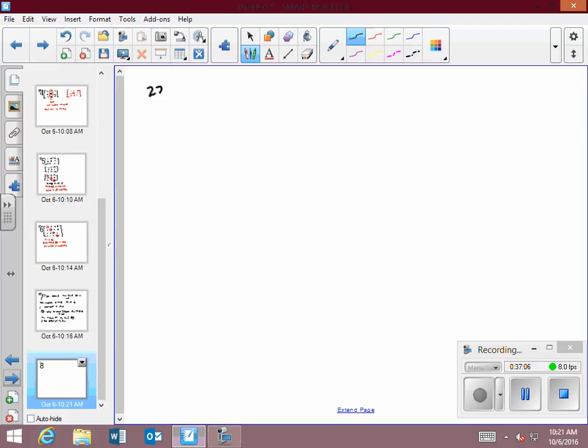Okay, 12C. 12C says if the equation AX equals B has at least one solution for each B in R^n, then the solution is unique for each B. So what do you think we're going to do?